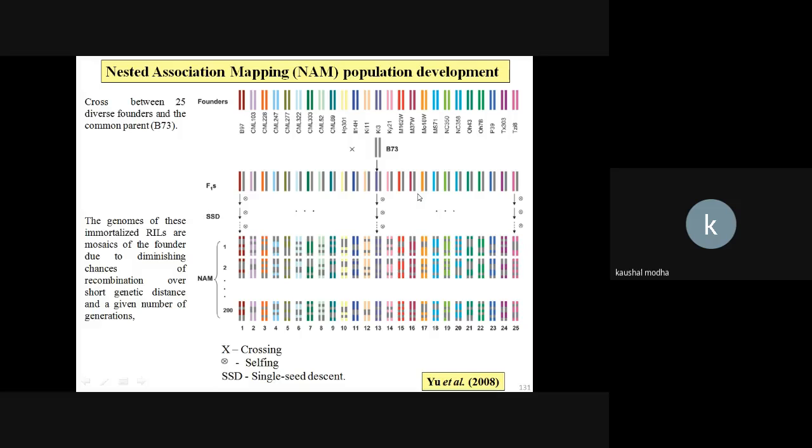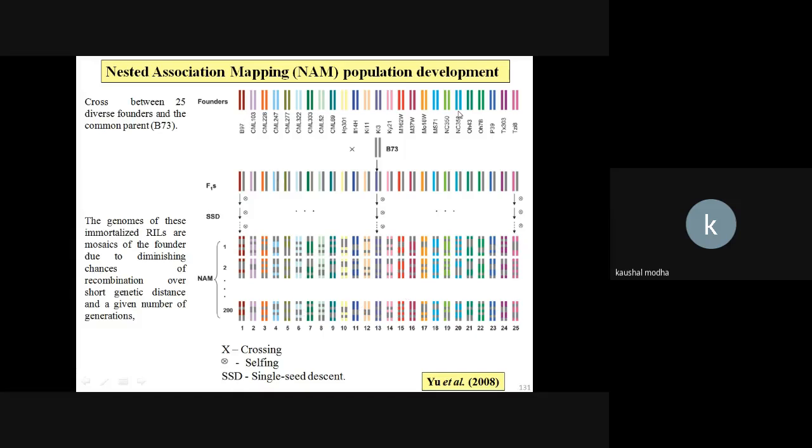The other homologous chromosomes vary because of the founder lines used. Each F1 population is handled by the single seed descent method, and 200 RILs were produced from each F1. There are 25 F1s, so a total of 5,000 RILs were produced in this population.